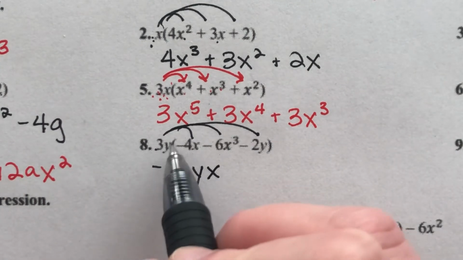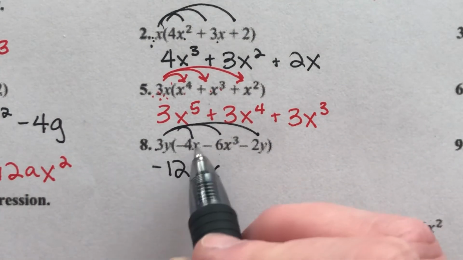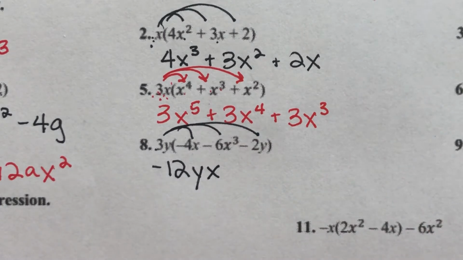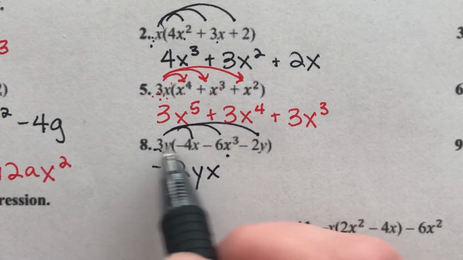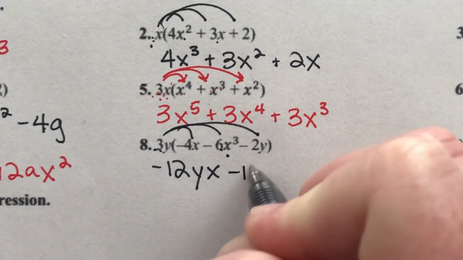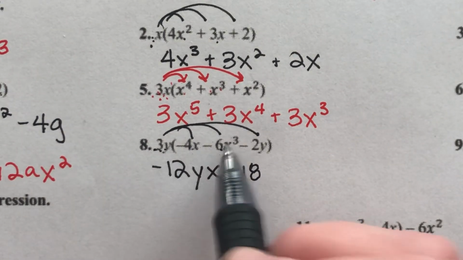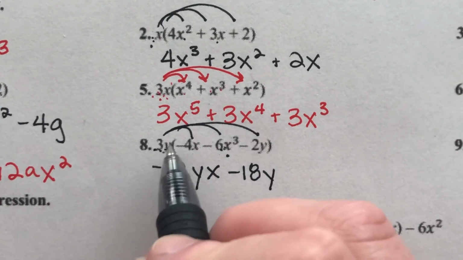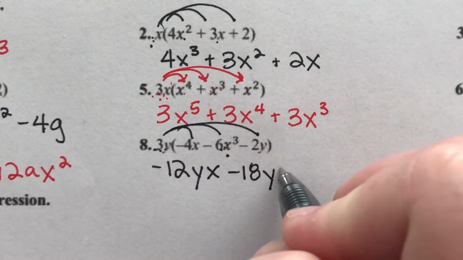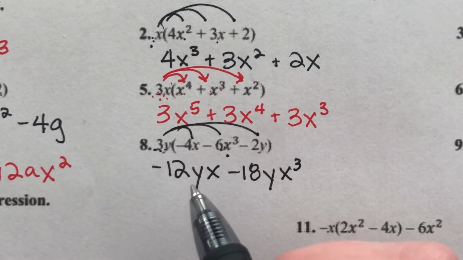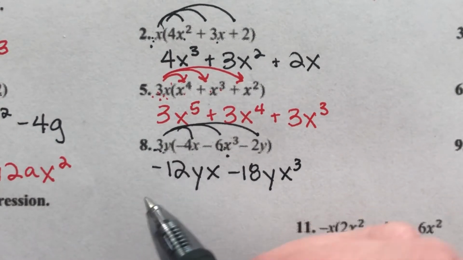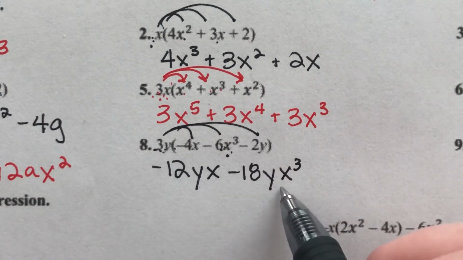If there was another x here, we would add the exponents, but there's not, so it just stays x to the first. 3y times negative 6x to the third. 3 times negative 6 is negative 18. Y times, there's not another y, so it stays y. And nothing times x to the third, x to the third. I'm not saying 0. I'm saying it's like 1. 1 times x to the third is just x to the third.